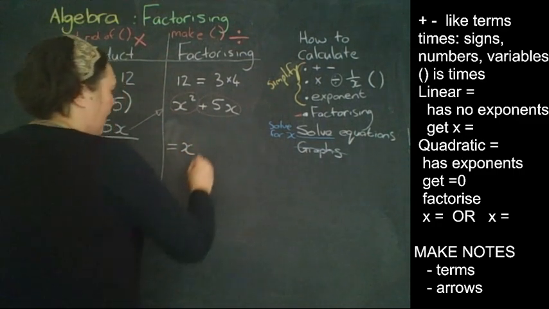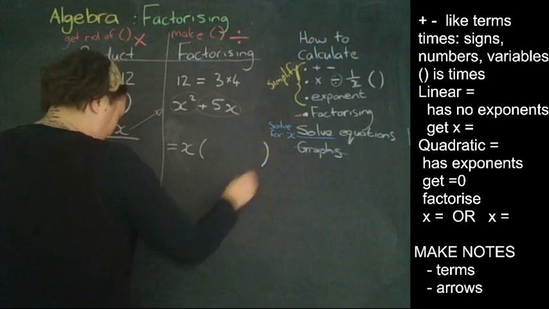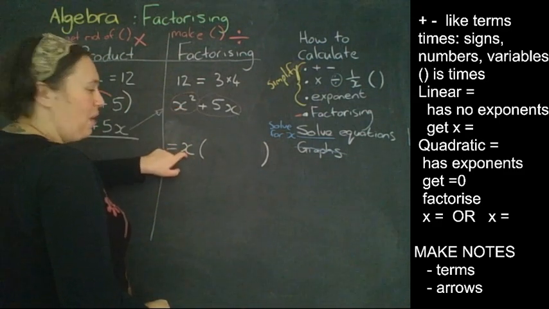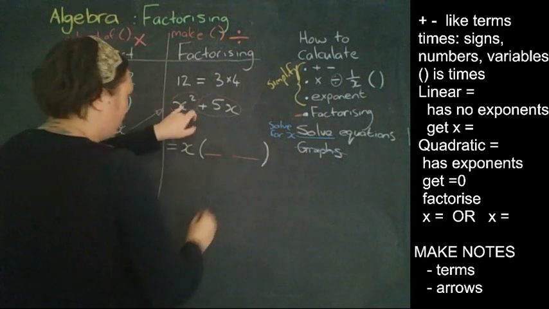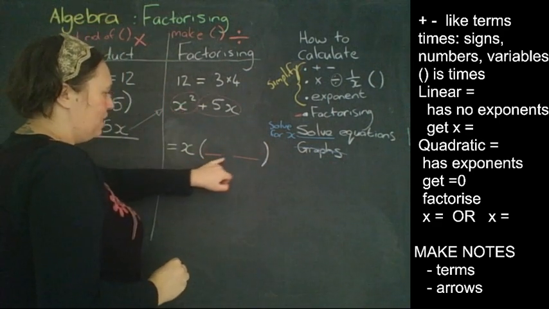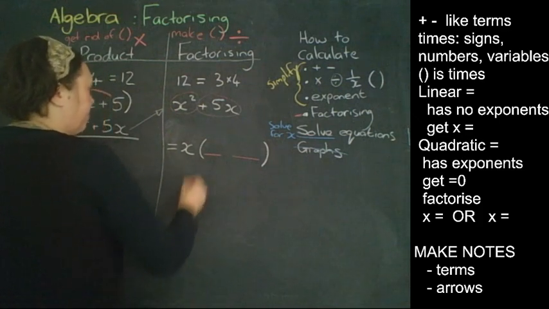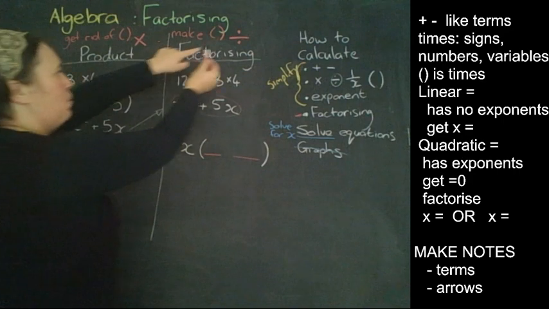Then we make brackets. And in brackets, we have to write what is left when we get rid of this x. So we have two things. There's two terms, so we need two terms in our bracket as well. So I said here we times. This was times. Now we're dividing.